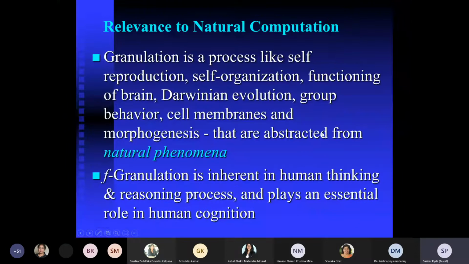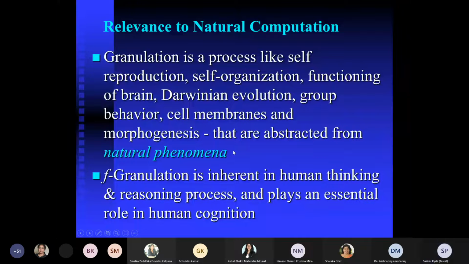And then it comes to relevance to natural computation. So what is natural computation? As you explained, granulation is a process like self-reproduction, self-organization, functioning of the brain, Darwinian evolution, group behavior, and self-membrane morphogenesis, that are abstracted from natural phenomena.